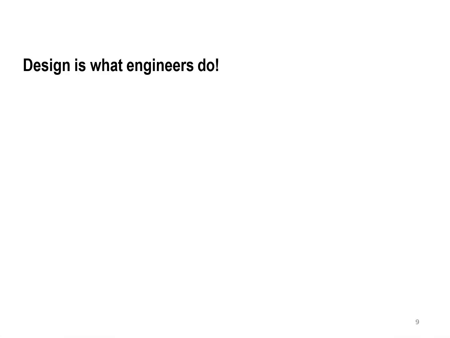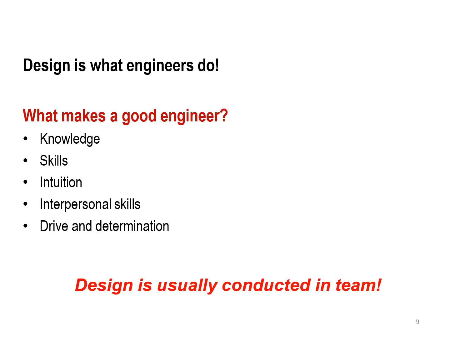So design is what engineers do. What makes a good engineer? First, you should have good knowledge, skills, intuition, interpersonal skills, and drive and determination. Design is usually conducted in a team.